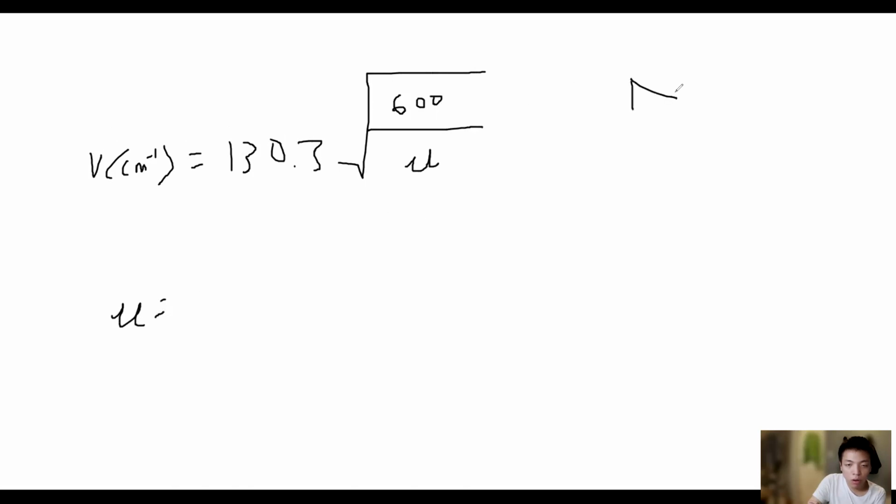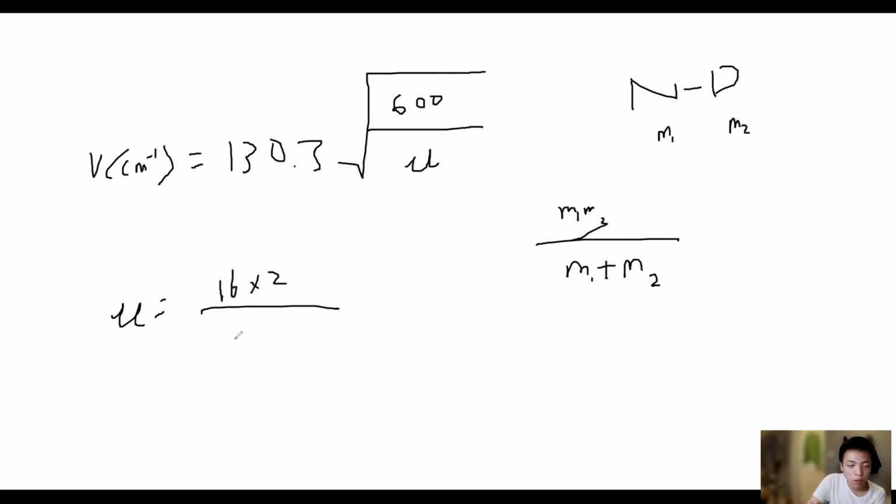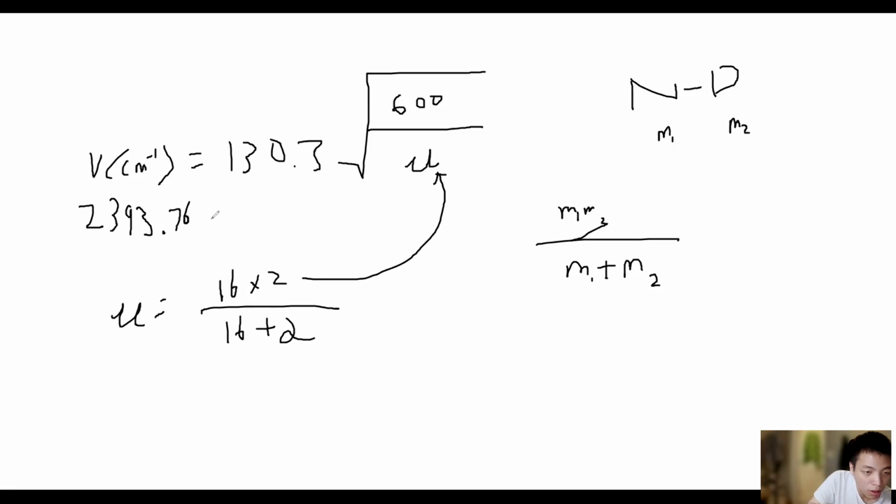And we are solving for ND. So this is our mass 1, mass 2. And according to the formula, it is M1 M2 divided by M1 plus M2. So that'll be 16 times 2 divided by 16 plus 2. And you plug that in, do the calculation, and you should get 2393.76.